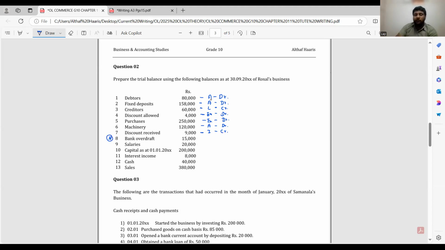You all tell me. Bank overdraft. Good, Zakir correct. The others, bank overdraft is what for the business? Debit or credit? What is overdraft?